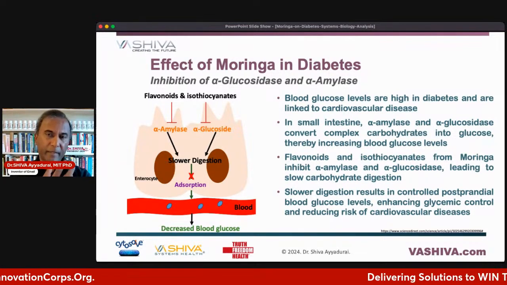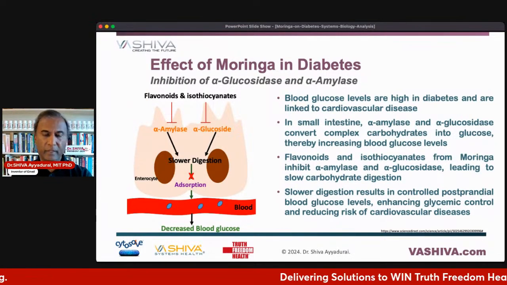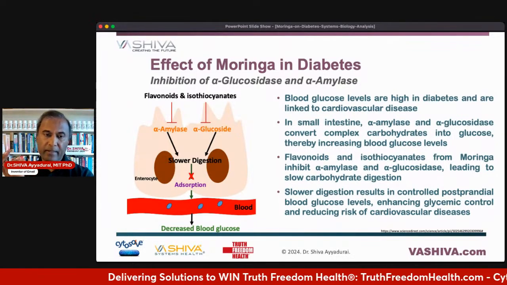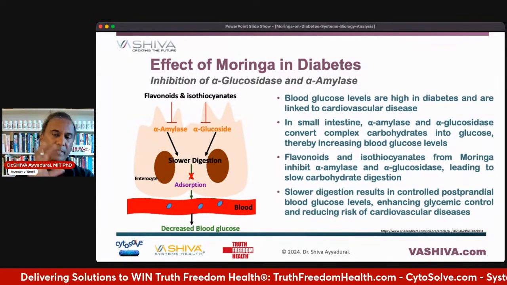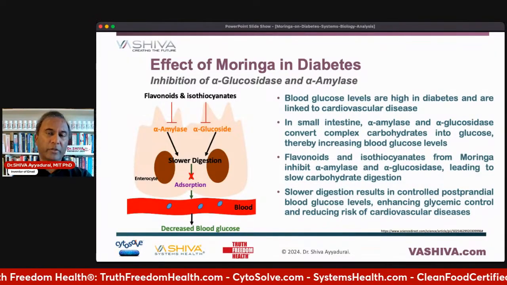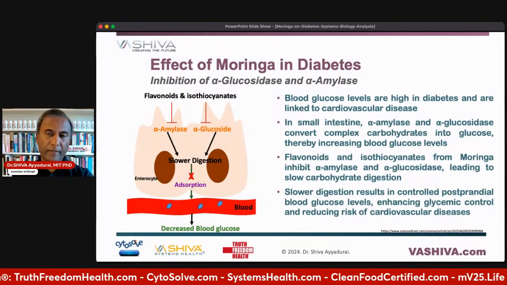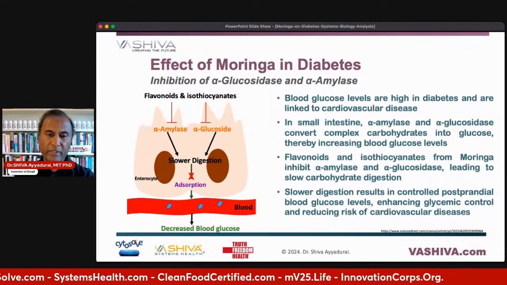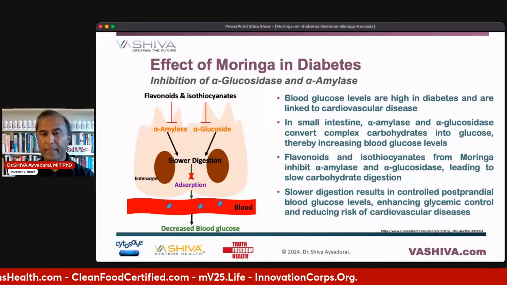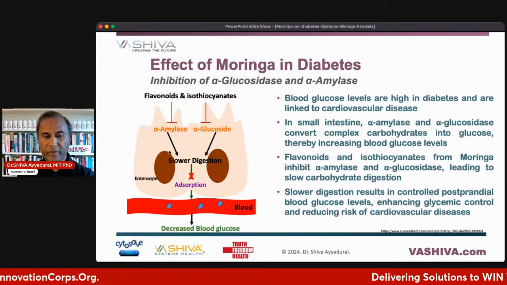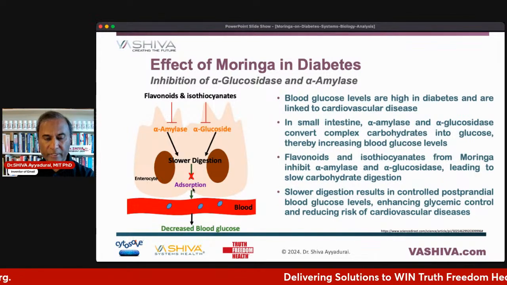So if you eat, say, some oats or some complex carbohydrate or any carbohydrate, typically these two enzymes are released and they start digesting and they deliver lots of sugar into your blood. So what the flavonoids and the isothiocyanates in Moringa do is they slow down alpha amylase and alpha glucosidase, so they slow down the digestive process.